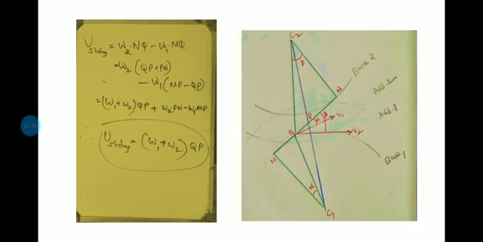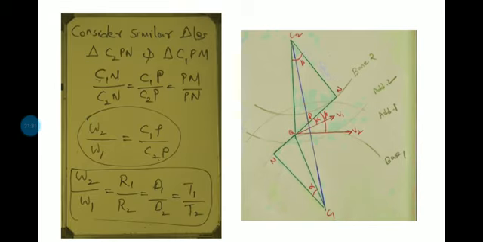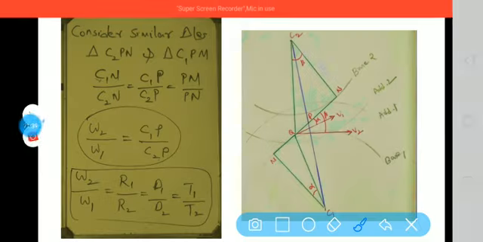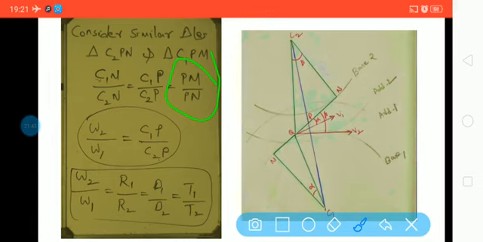So finally we'll get velocity of sliding as omega 1 plus omega 2 into QP. The other two terms get cancelled. Why? That I will show. Omega 2 into PN and omega 1 into MP. Now I will go back one slide. This slide. When we considered the similar triangles to get an expression in terms of P, I also noted this PM by PN, the third side.